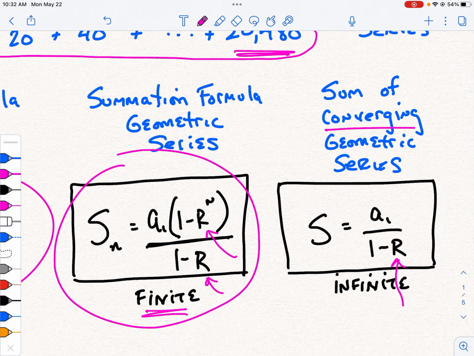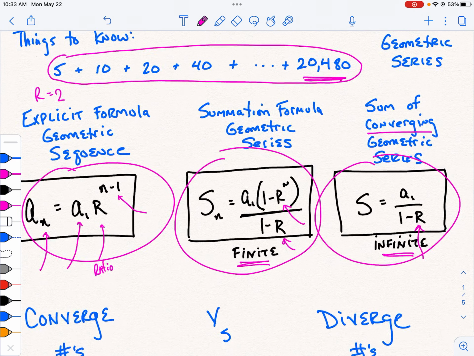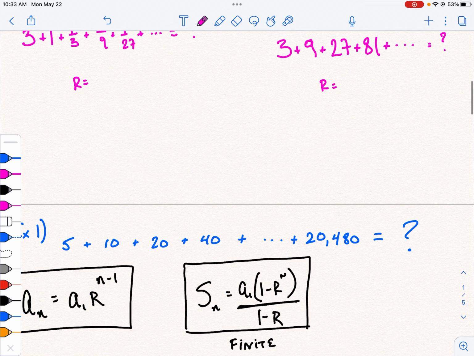It's getting closer and closer to something like the number 1, or the number 0, or the number 7. If it's getting closer to something each time, that converges towards that value. Even though there's an infinite number of those values, we can actually calculate the sum, and it looks like a pretty simple formula. So let's check out how to do these three things with three examples.